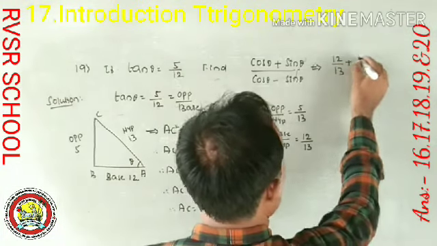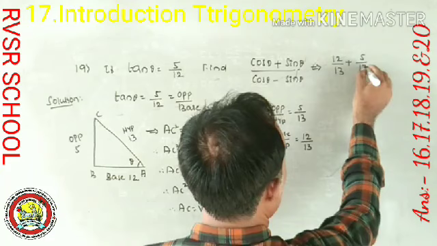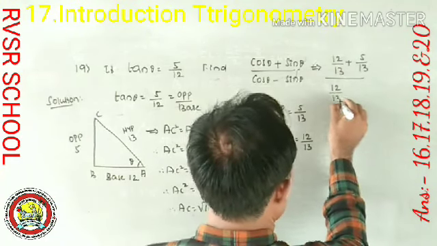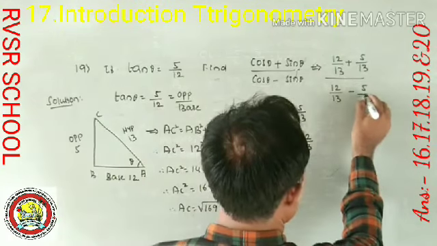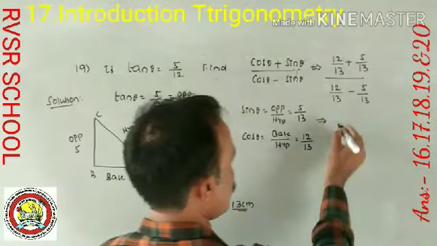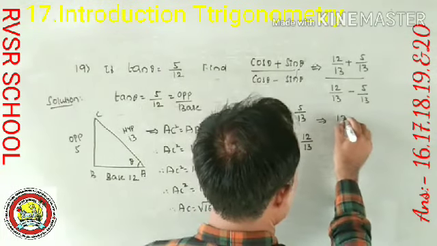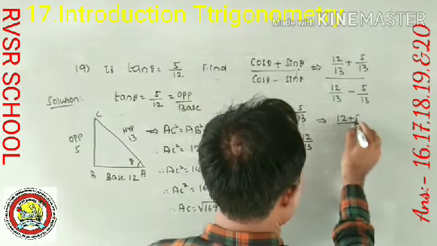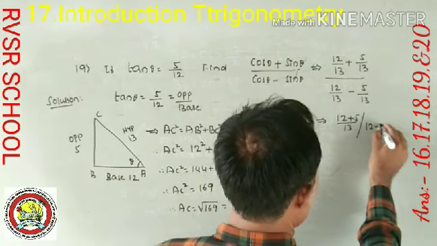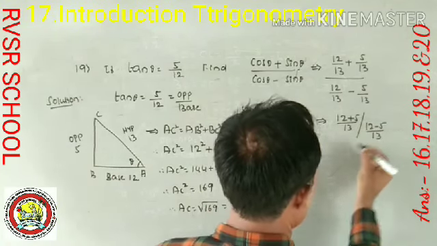Cos theta 12 by 13 plus sin theta 5 by 13, divided by 12 by 13 minus 5 by 13. This implies, take LCM, 13 is the LCM. What will you get? 12 plus 5 divided by 13, and in the denominator 12 minus 5 divided by 13.